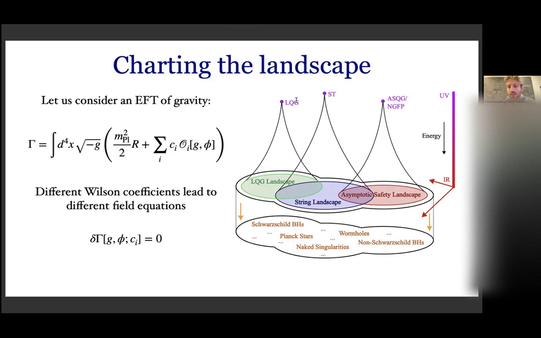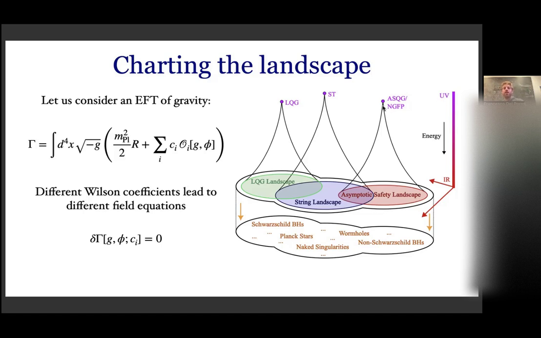Imagine that this is a very nice picture that Jonas did, which is in our paper. Imagine that you have your favorite quantum gravity, which might be string theory, loop quantum gravity, asymptotic safety, or whatever you like the most. And this is valid in the very far ultraviolet, because this ideally would UV complete your theory of gravity.